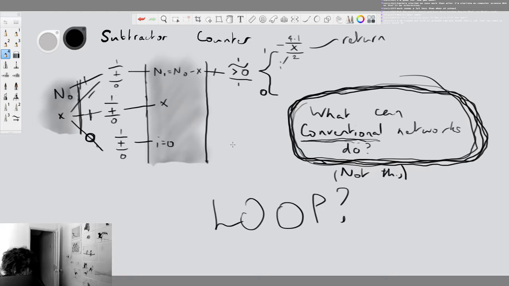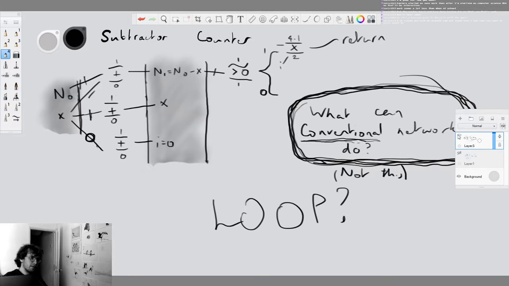So can we think of a better way to do division than the subtractor counter version? Because let's go into this for a sec.